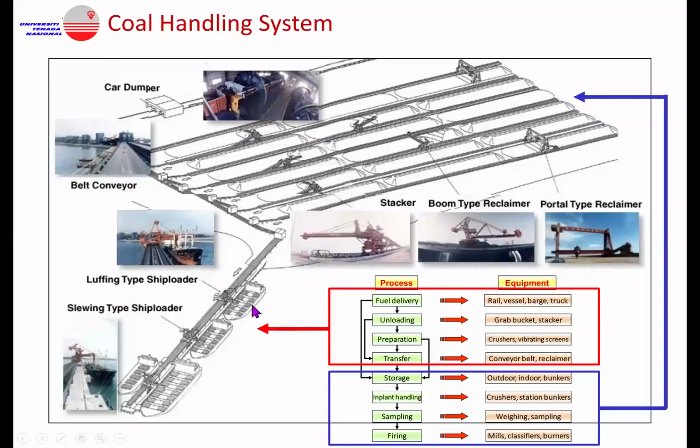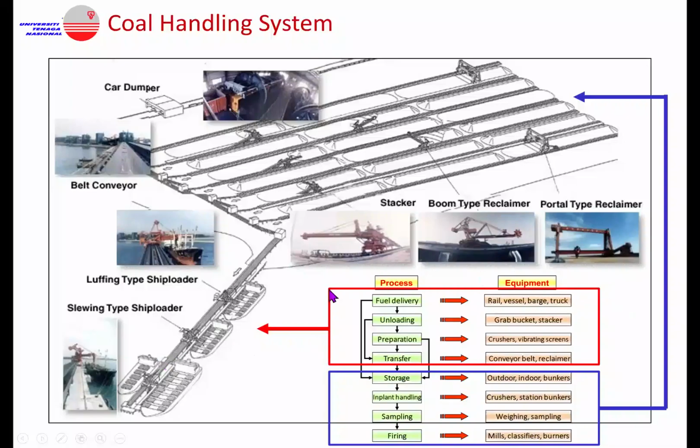This is the ship, which docks at the jetty, and then you have a stacker reclaimer, boom type reclaimer or portal type reclaimer that will transfer the coal from the ship to the conveyor belt.